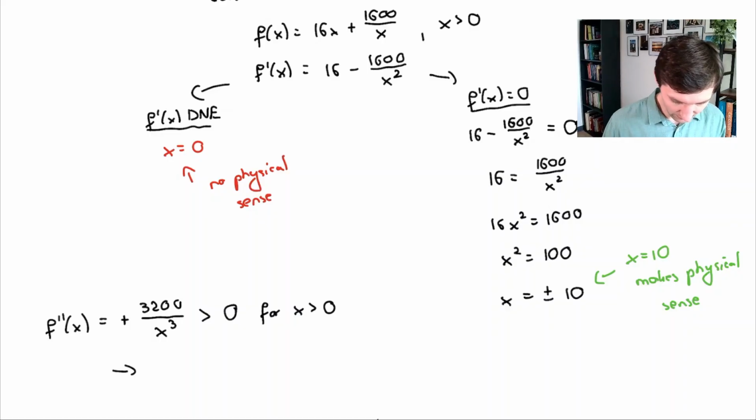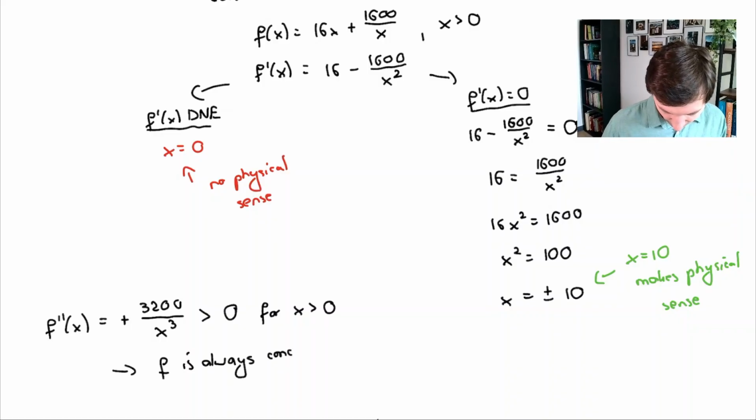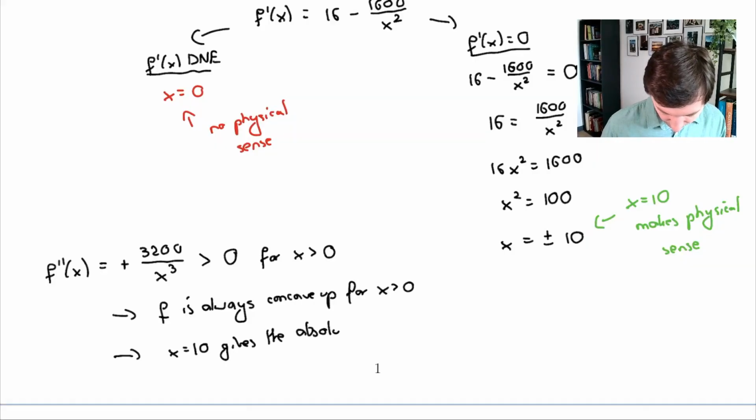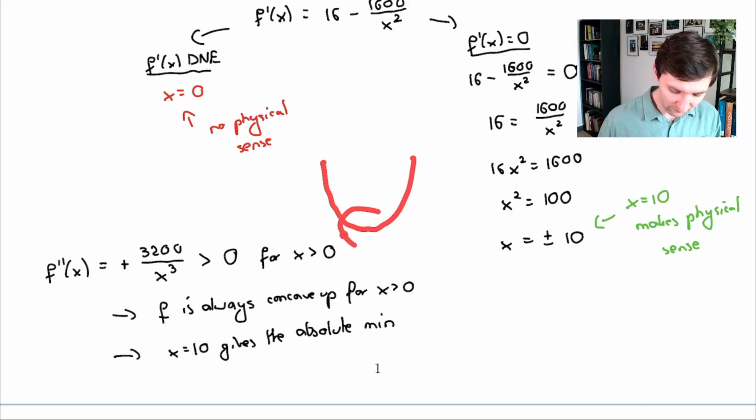This means that f is always concave up for x greater than 0, which tells you that x equal to 10 gives the absolute minimum. And that is because the function is always concave up, giving you an absolute minimum.